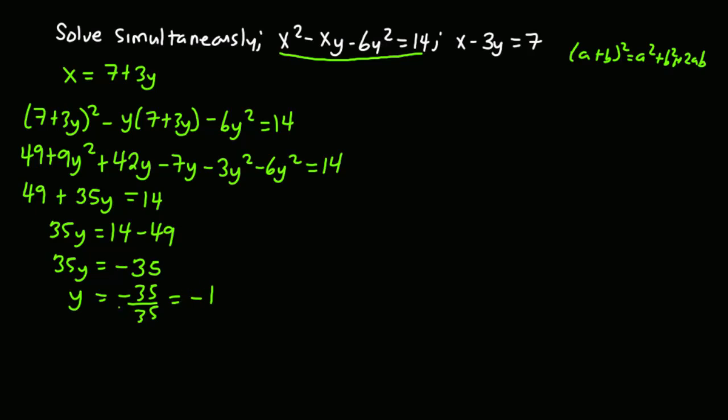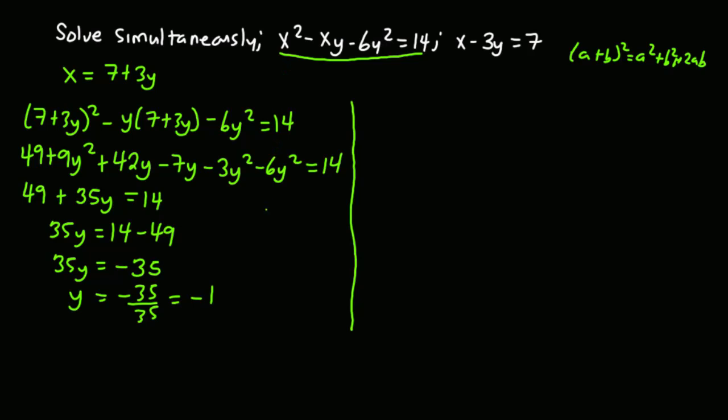Now, if y is equal to negative 1, then we are going to substitute negative 1 into this general equation. As a matter of fact, we are going to get two values of x.